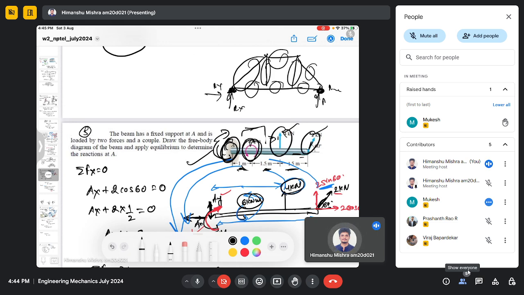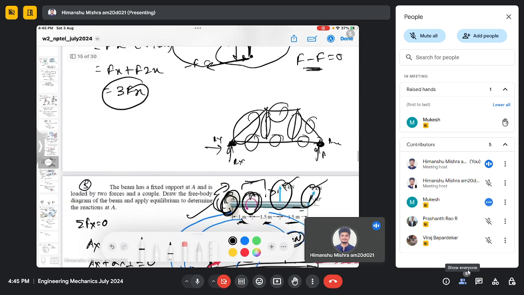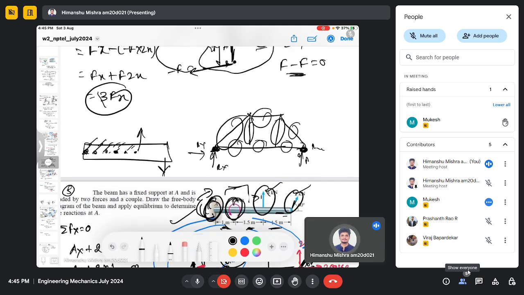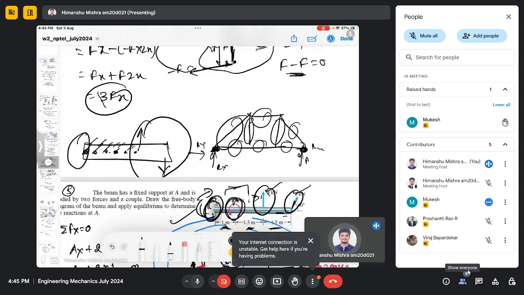If you want to know the effect of the forces on the moment, what you do is just draw the beam here. Let's say these are the forces which are acting. You consider different points and calculate the moment at each point, and you will see how the moment varies about each point, and what the effect of the forces or the reaction to this moment is at different points.